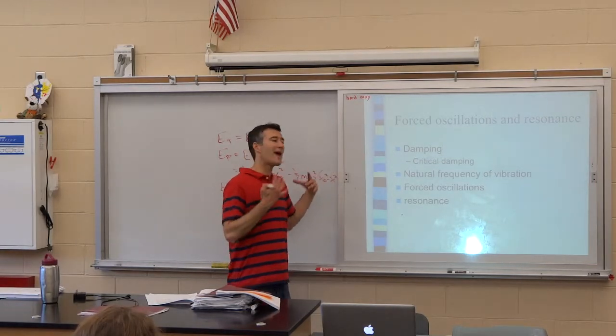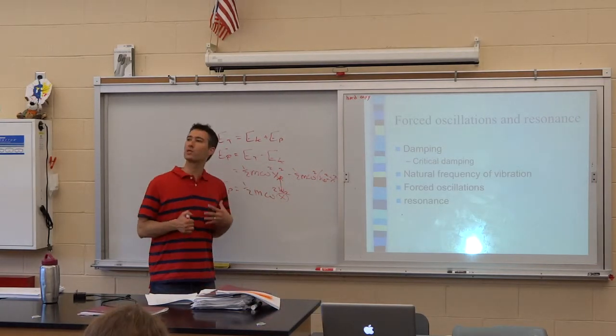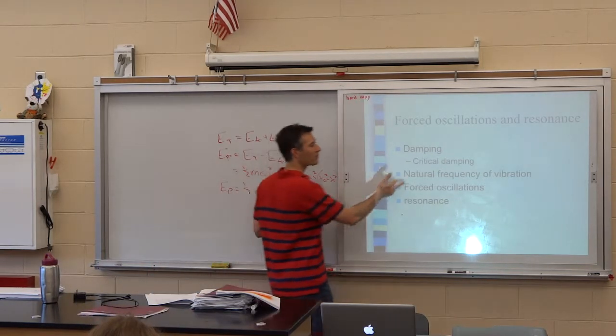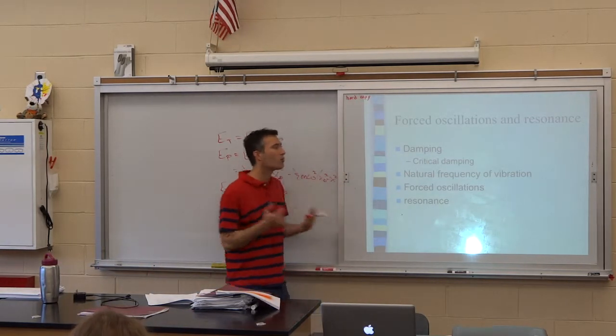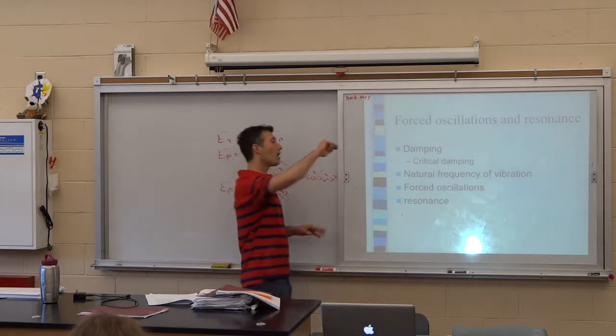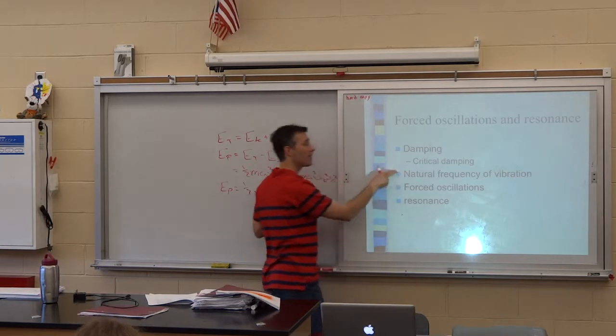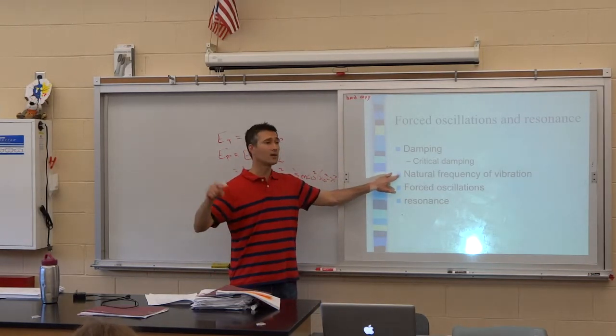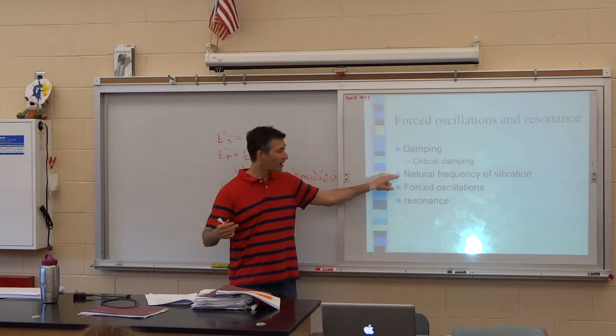And then the last subtopic on oscillations involved our forced frequencies and resonance and damping. So damping was when we have retarding forces that are taking energy out of our oscillator. We have something called critical damping, if there's so much damping that we don't even have a single oscillation. We want to remember that everything has natural frequencies of vibration. We revisited that at the end of topic 8 with the greenhouse effect.